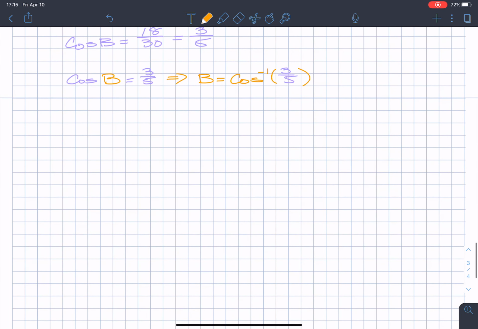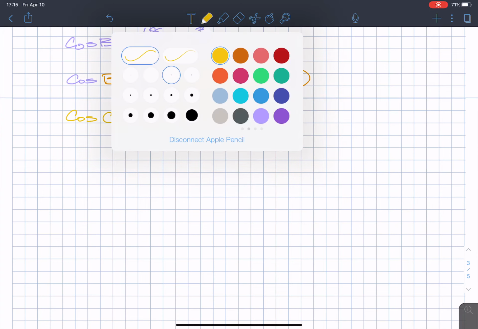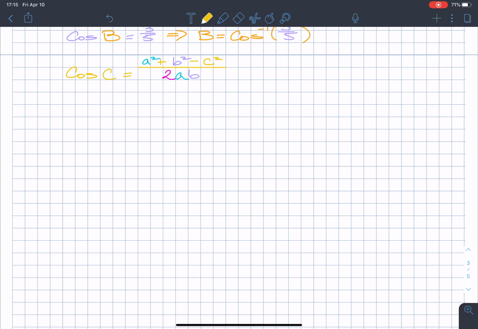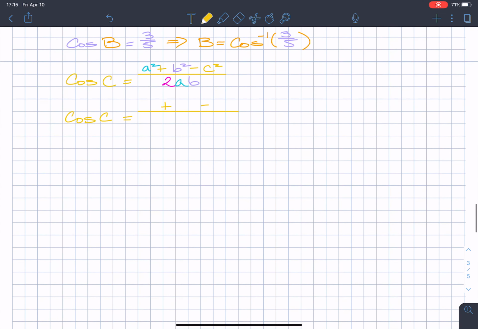Okay, which we did in yellow. So cosine of angle C will be A squared plus B squared minus C squared all over 2 times A times B. Okay, so we have that cosine of angle C will be, C was given as 5, so 5 squared.